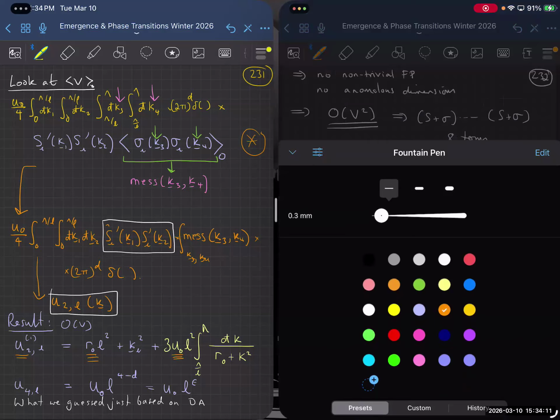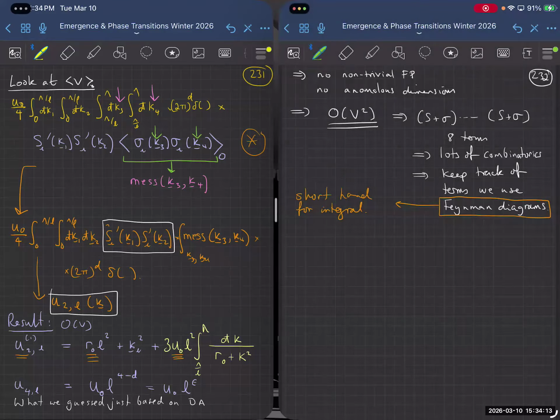Now, here's a thing that is true. In these Feynman diagrams, we have terms like this: integral d^d k of some stuff.